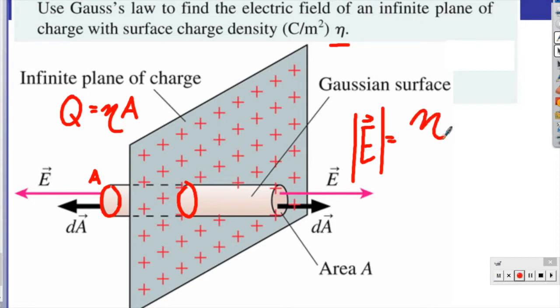So it should just be this over, it should just be that, and that it doesn't depend on distance.